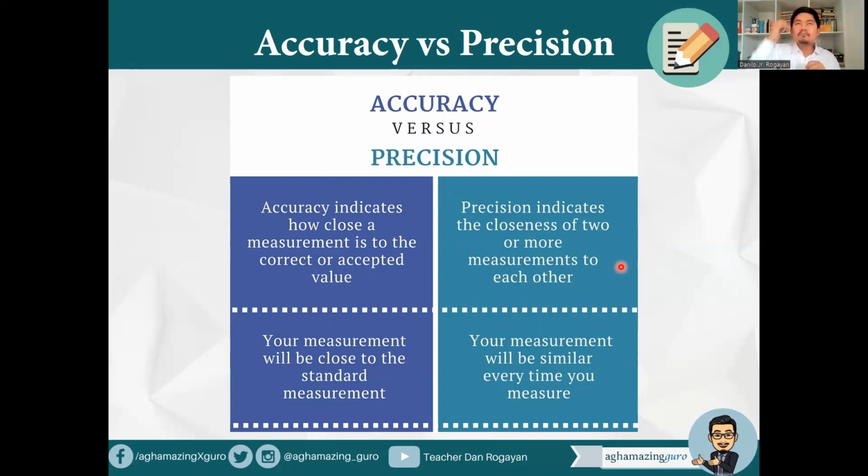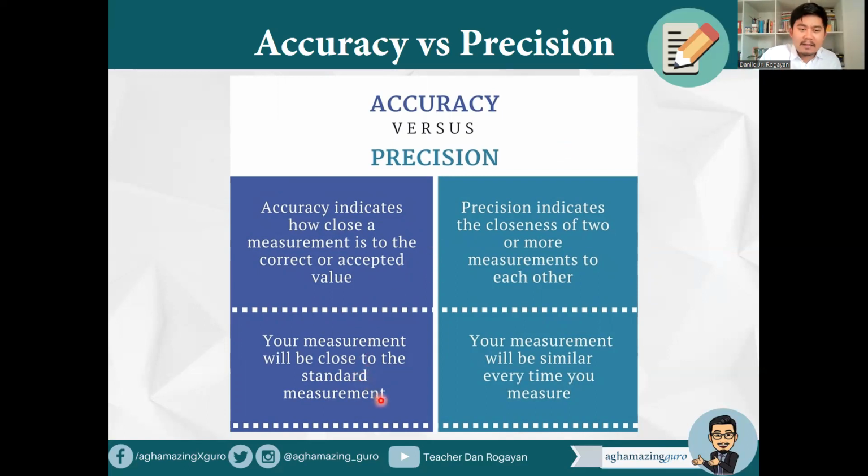Usually here, we have repeated measurements so that we can see the precision. For example, you measure for the first time, then for the second time, and then for the third time, and then you would average. That is how precision comes in: how close the initial measurement is compared to the two or more other measurements.